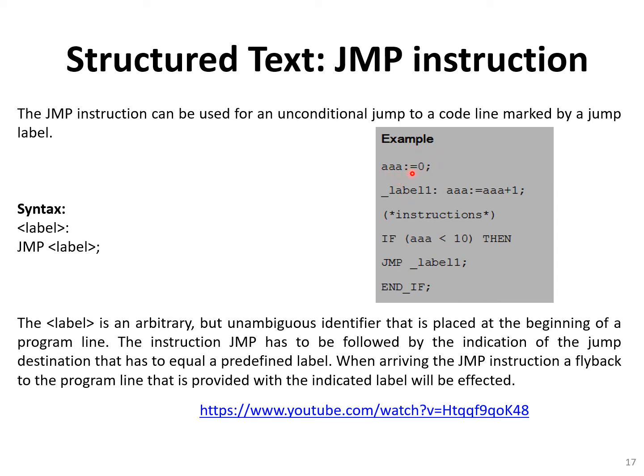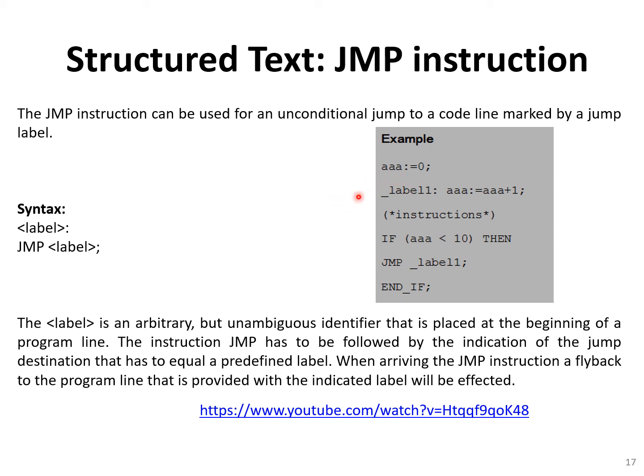AAA is assigned to 0, and for this line we have label 1. We have some instructions in between, and finally we have this instruction: if AAA is less than 10, then jump to label 1. So this is unconditional. It means that it doesn't check any condition. Once it reaches this line, it will jump immediately to the labeled line.